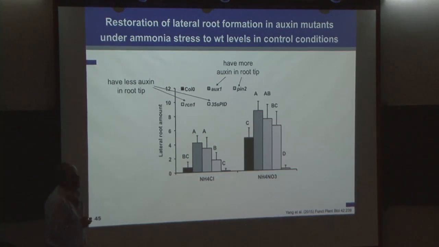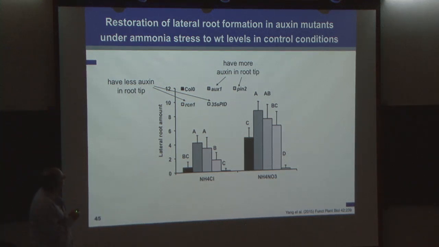And when we now use auxin mutants that have normally less auxin in the root tip, or auxin mutants that have more auxin in the root tip, genetically, we can restore the normal lateral root formation in these mutant plants. This is because ammonium decreases the auxin peak in the root tip and overall the transport of the auxin from the shoots to the root.